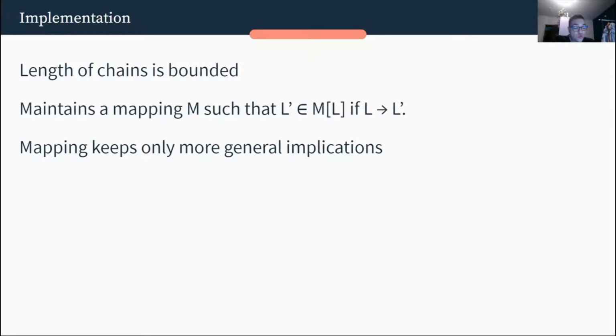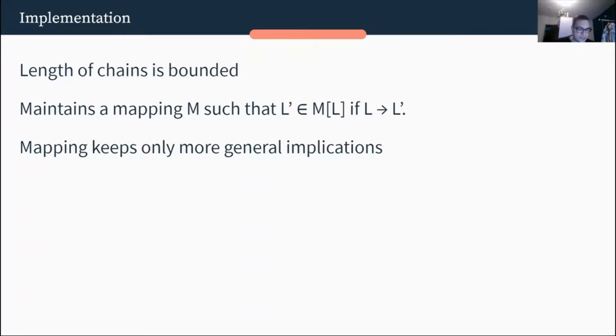and to make those lookups efficient, we implement this mapping as a perfect discrimination tree, and this is a data structure that makes those lookups of whether a literal implies another one more efficient, and we make sure that we do a little bit of garbage cleaning in this data structure.